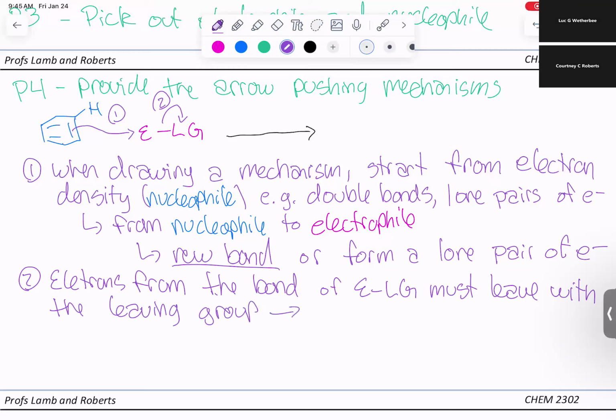Right, in this case, a bond is broken. If it's a double bond, it's broken. In this case, we're breaking a single bond, so it's always breaking that. Right, and this often becomes a negative charge.